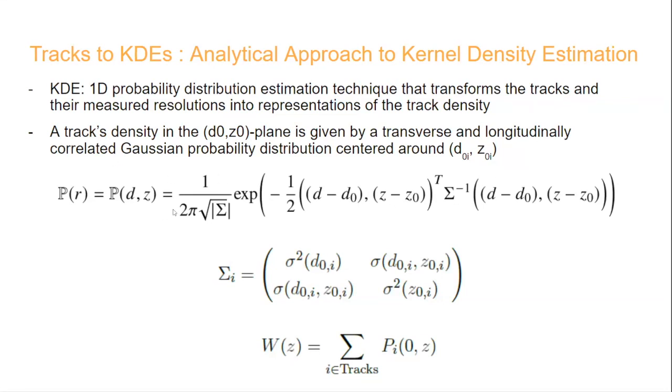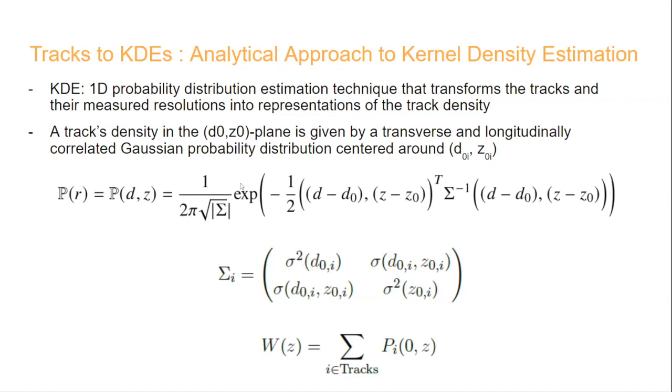The track density of, say, track i at any point in space in the d0-z0 plane is given by the transverse and longitudinal correlated Gaussian probability distribution centered around d0_i, z0_i.